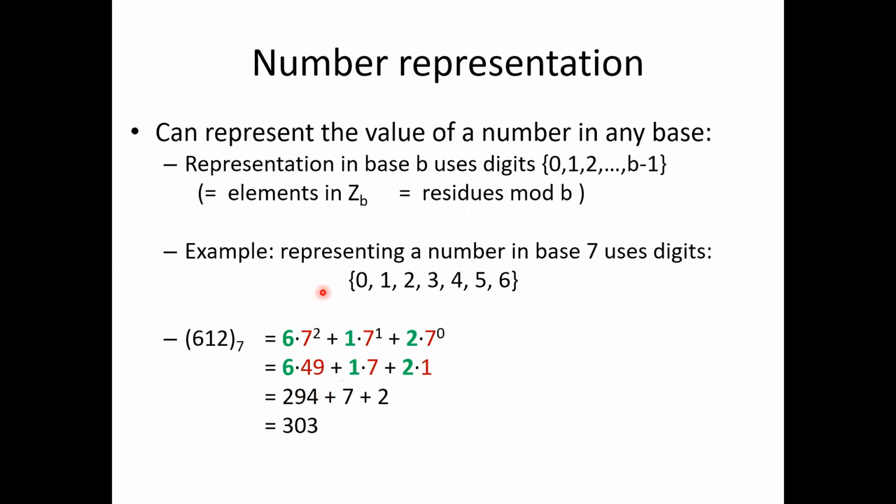So base B representation has digits from 0 to B minus 1, and these are elements, by the way, of Z_B, the symbol we use for residues mod B. So in base 7, you would use the digits from 0 to 6, and when we write in a base that is not decimal, we write it with an open and close bracket and a 7 in a subscript.